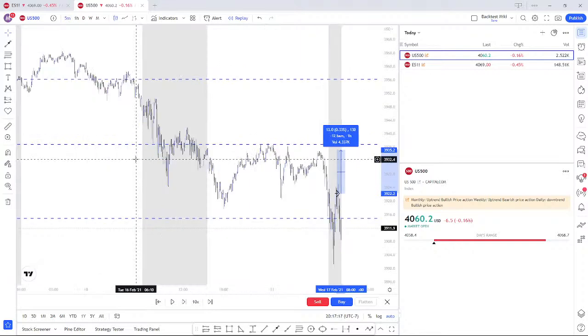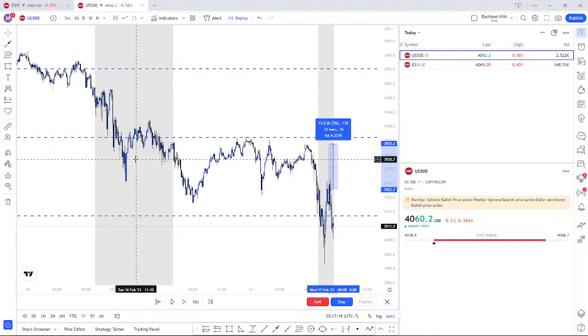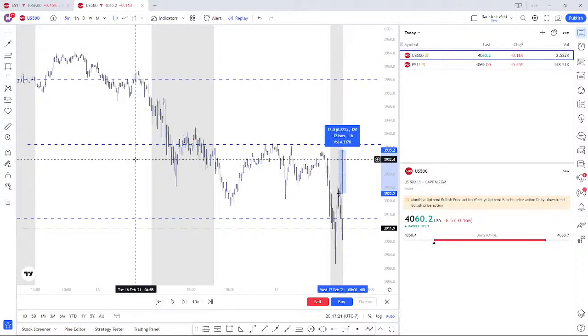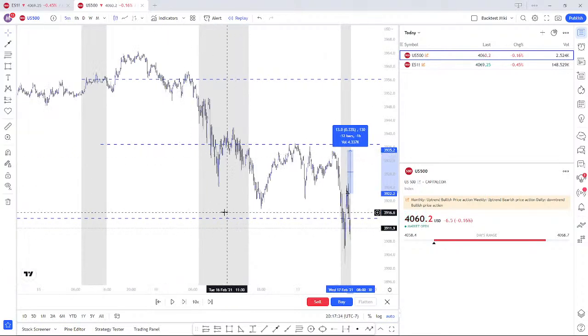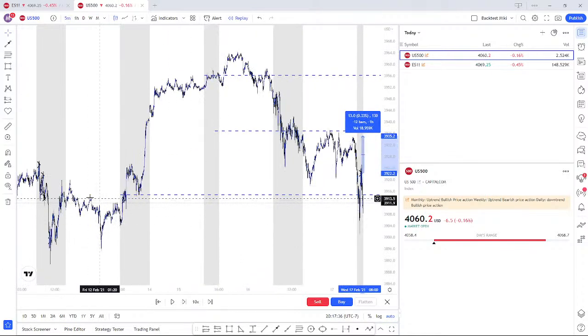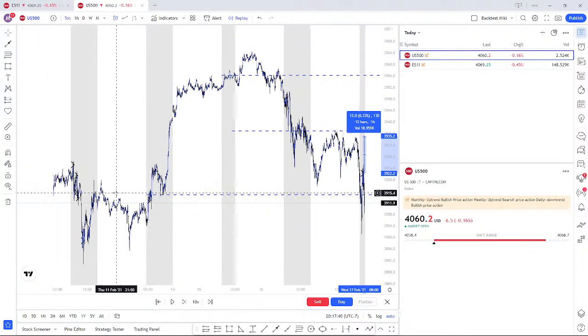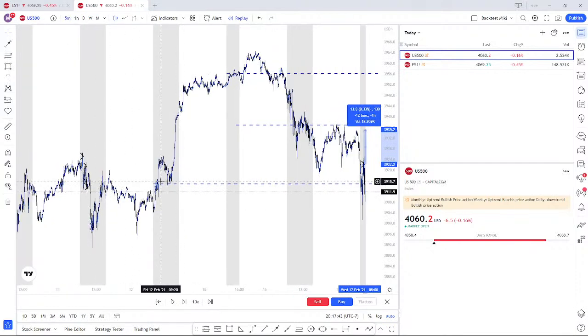So POCs are also, it's basically the price that had the most orders on the day or in that session. So this price here had a lot of orders in that session, wherever it came from, could have probably come from here. They had a lot of orders in this session, so a lot of buy orders, it even seems, right?